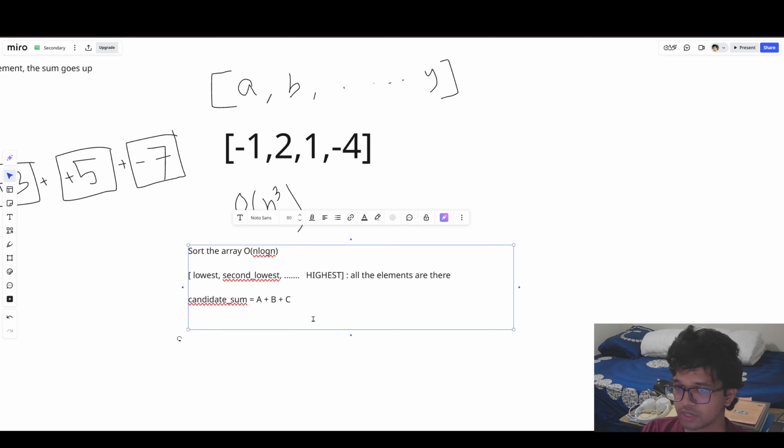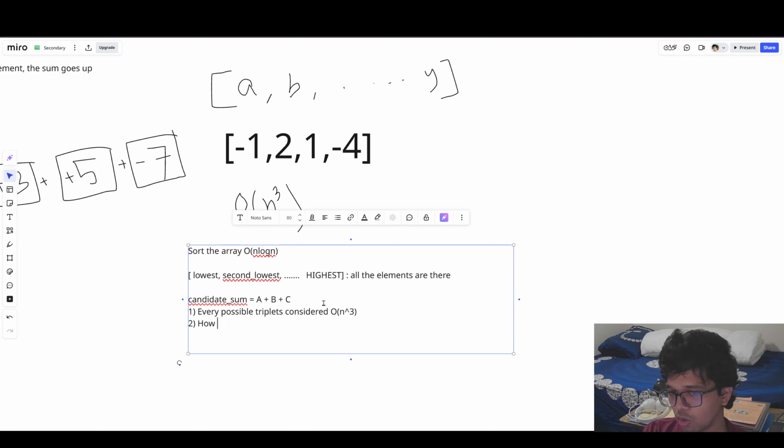If we can reduce our search space, that's better. Every possible triplet considered can be done in cubic time, no issues with that. But we're going to be focused on the second approach.